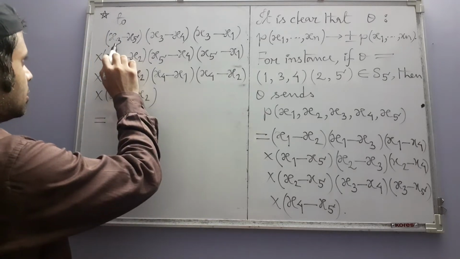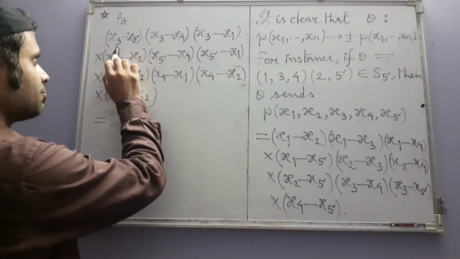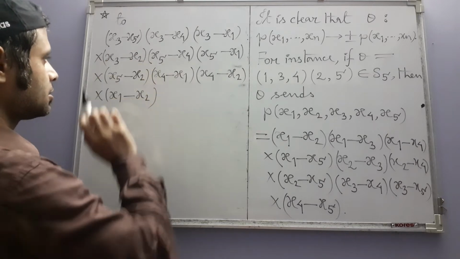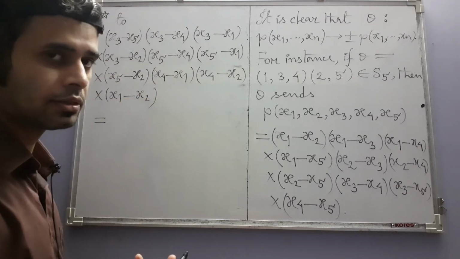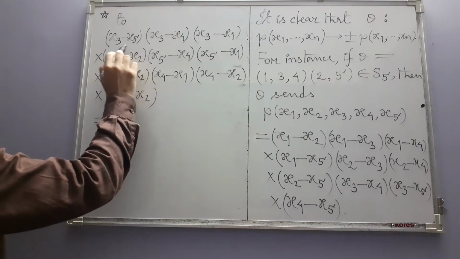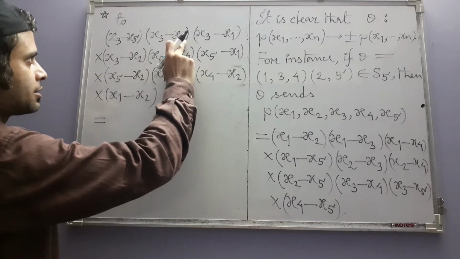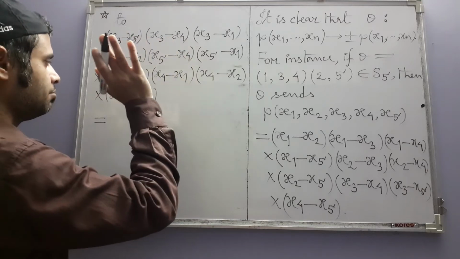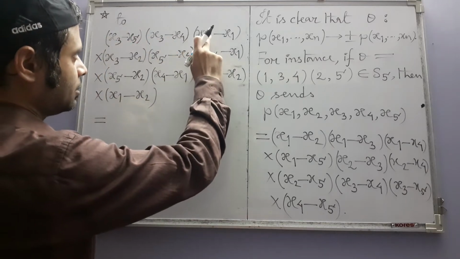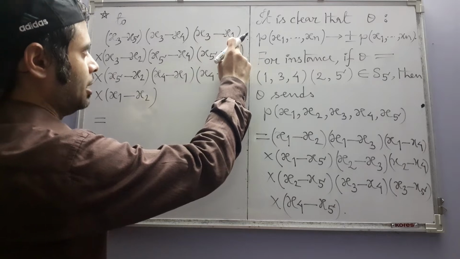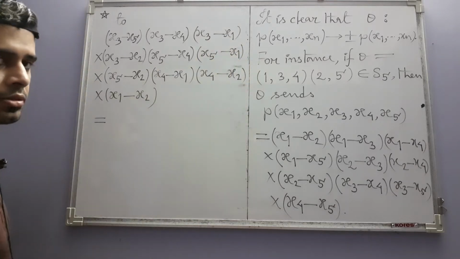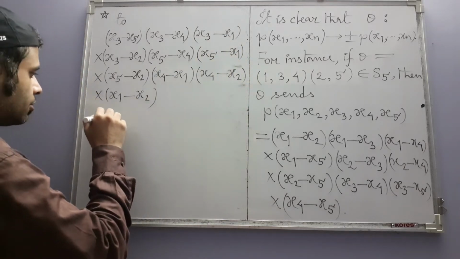That is, the first variable suffix is less than the second variable suffix. I is less than j. For example, this factor, we just keep the factor like that. Here also x3 minus x4, 3 is less than 4, so we keep it as it is. Here, however, 3 is greater than 1. So we change this.